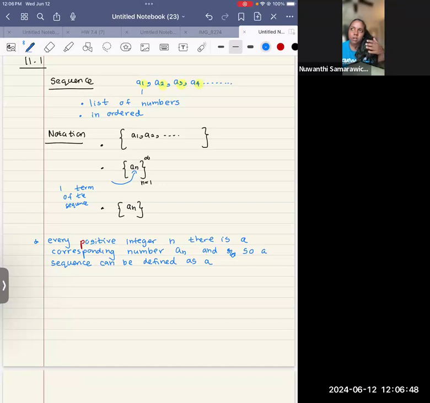Whenever you read this, what do you think? Have you ever come across a definition like this? Can you read this and let me know? For each integer, there is a corresponding number.